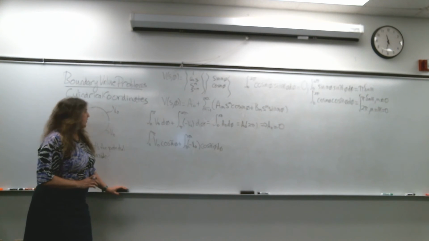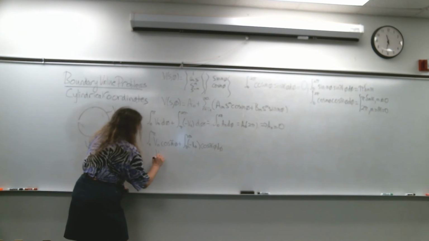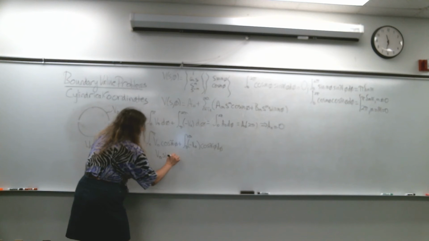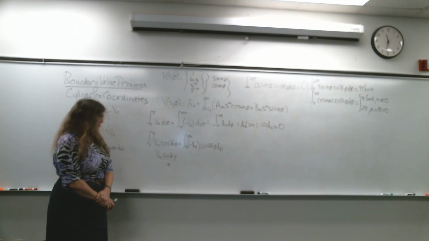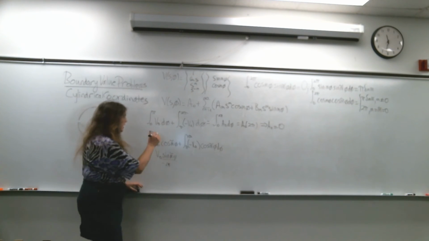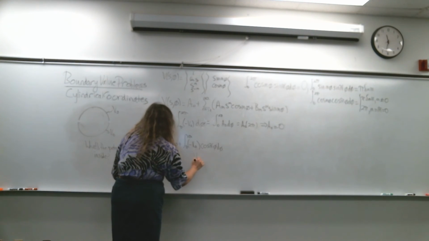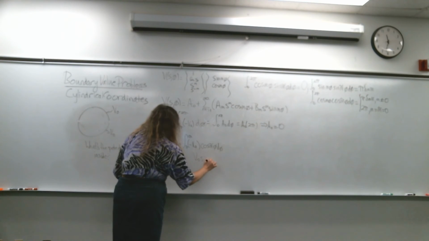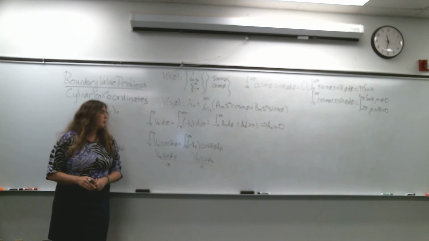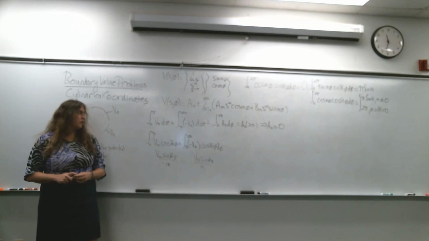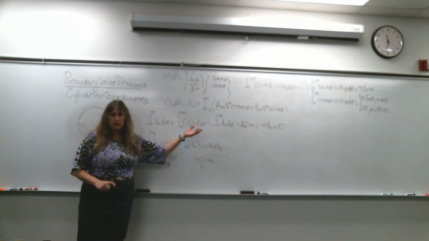When I do the math here, what I'll see is that I'll get V naught times sine n tilde phi over n minus m. And then over here, I'll wind up with V naught sine n tilde phi over n. So I have a minus and minus, which is a plus.